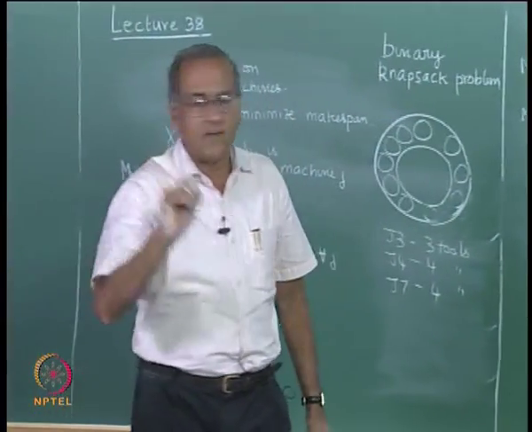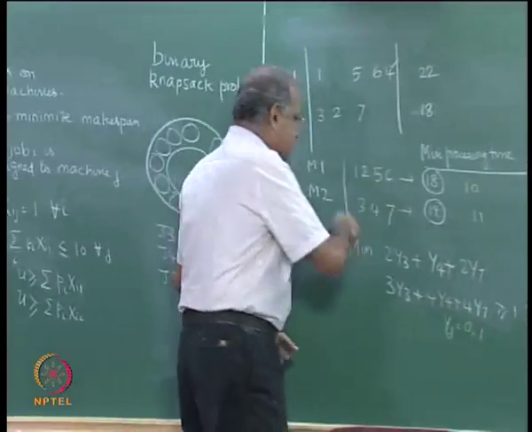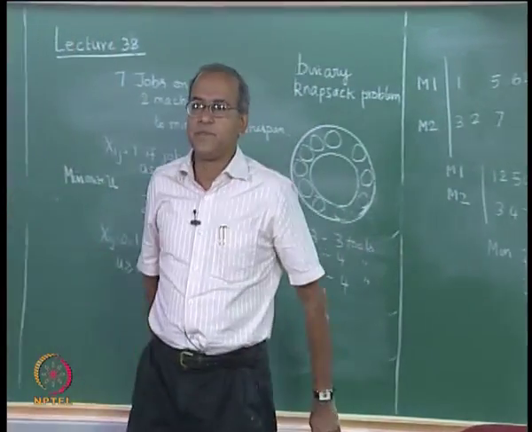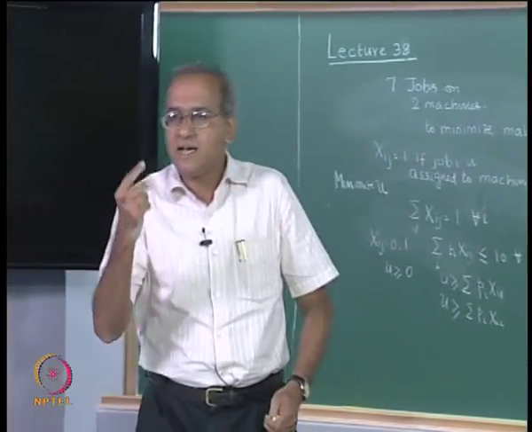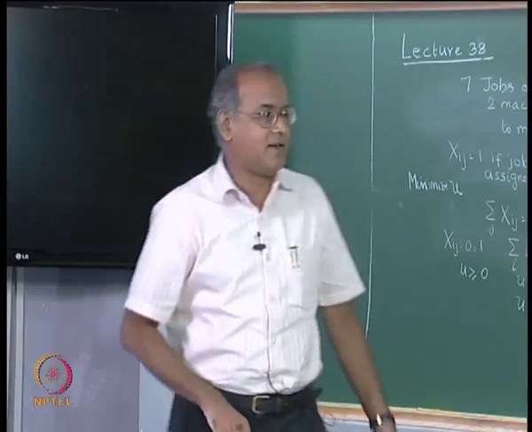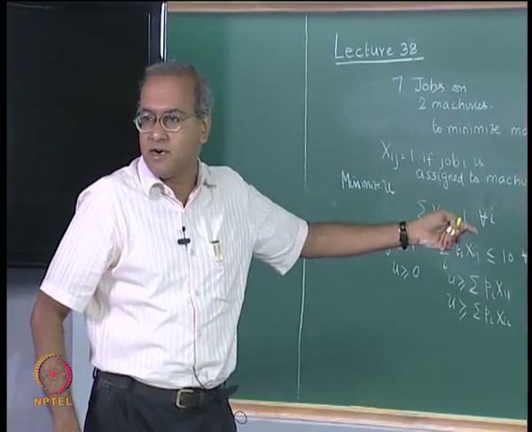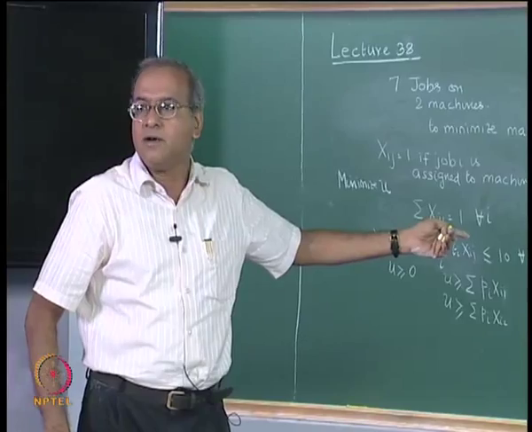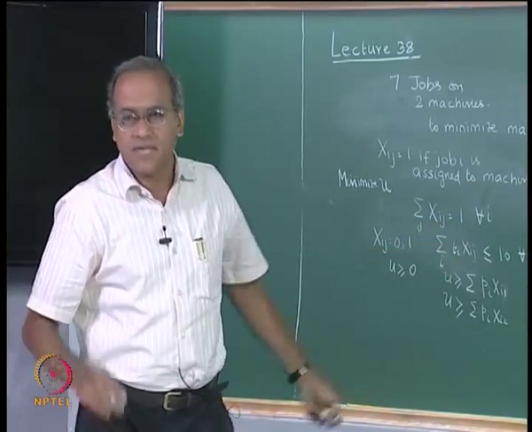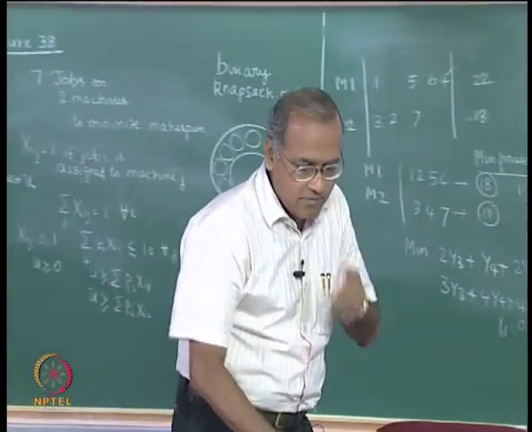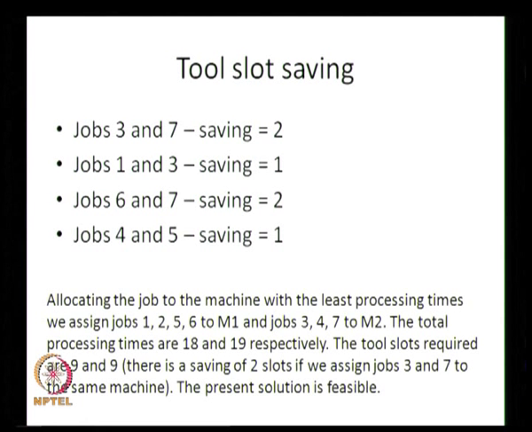If we are able to find that amongst these 3, 4 and 7, one pair at least has one common tool, then I do not need 11 tool slots, it is enough for me to do with 10 tool slots. So that is what we want to show here when we do this with tool slot savings.